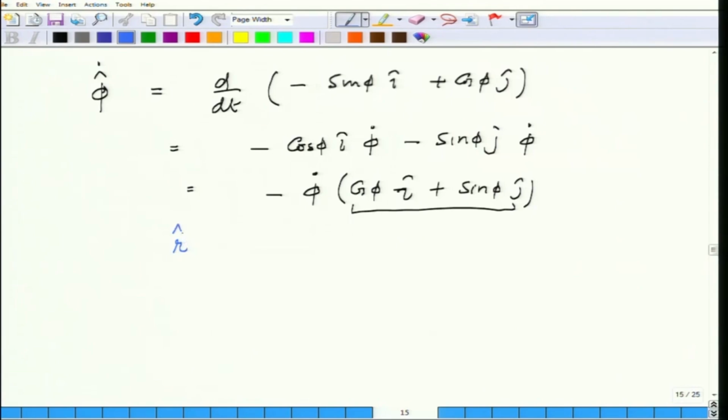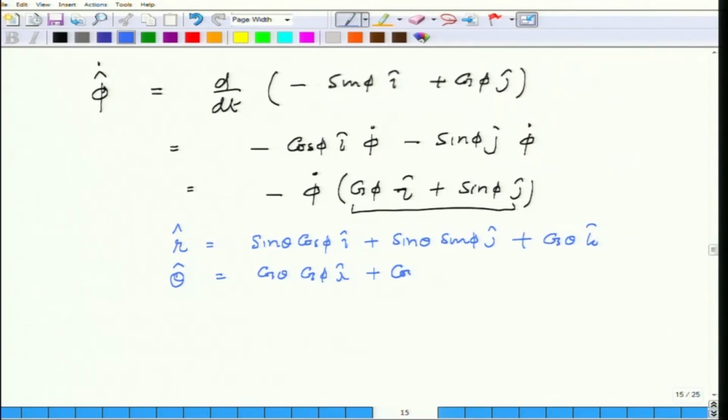So recall again, r unit vector was sine theta cosine phi i plus sine theta sine phi j plus cosine theta k, and theta unit vector was cosine of theta cosine of phi i plus cosine of theta sine phi j minus sine of theta k.